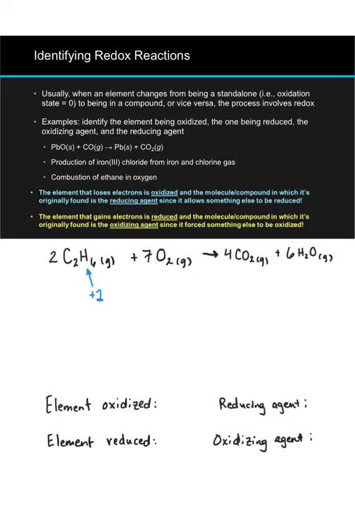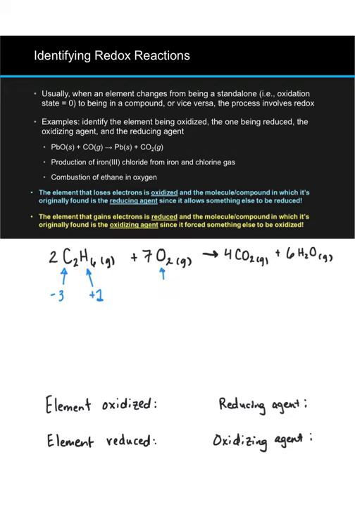It's not in an anionic form here, so it must have a +1 oxidation state. There are 6 hydrogens, so there are 6 positive oxidation numbers. There are 2 carbons, so each carbon must have a -3 oxidation state.